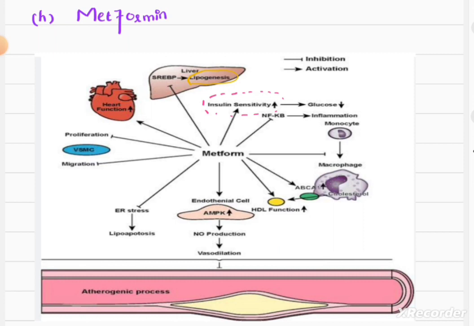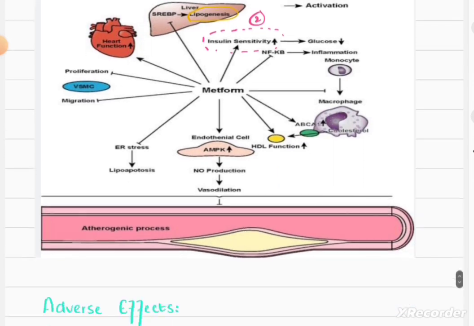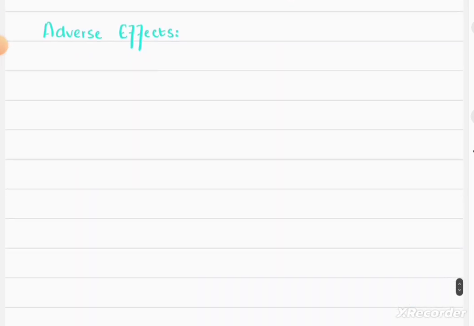But the major actions by which it has its anti-diabetic effect are that it reduces hepatic gluconeogenesis and it increases insulin sensitivity, which means that in the muscles and all parts of the body it will increase the sensitivity to insulin, and this is how it causes its effect.